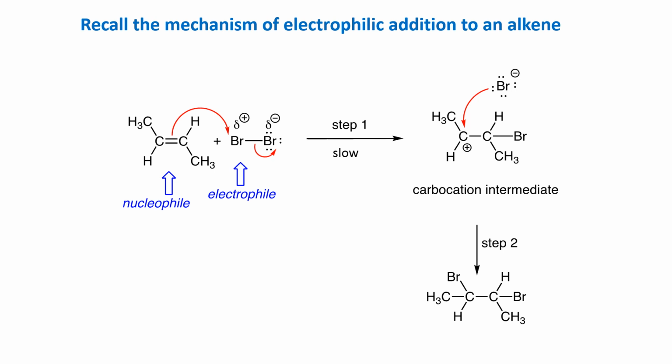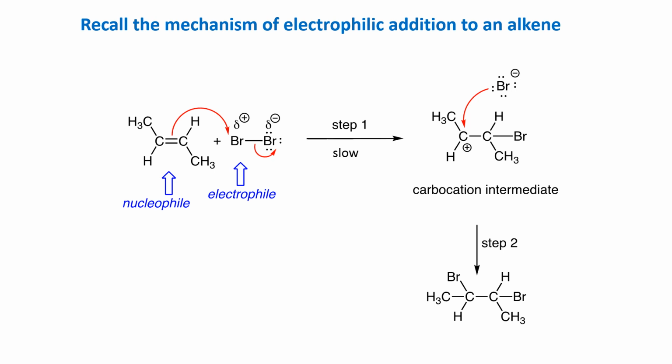The pi cloud of electrons of the alkene react as a nucleophile, forming a new bond to that electrophilic bromine atom. At the same time, we break the bromine-bromine bond to give us a bromide ion and a carbocation as the product of the first step of the reaction.